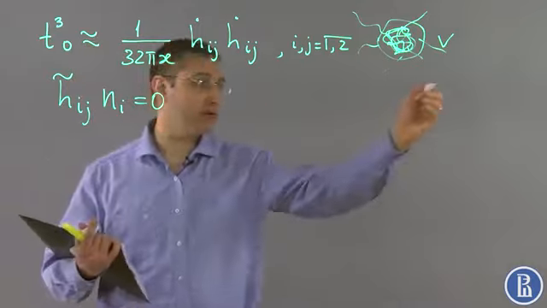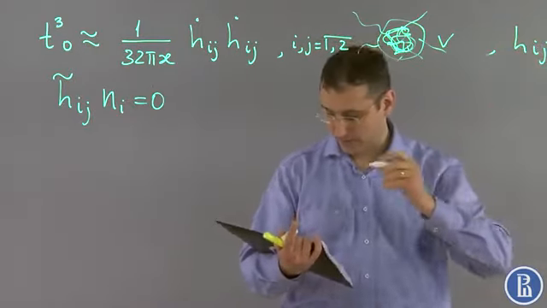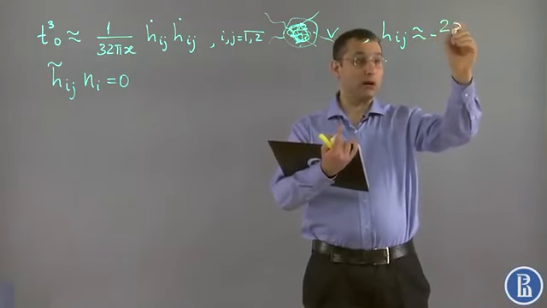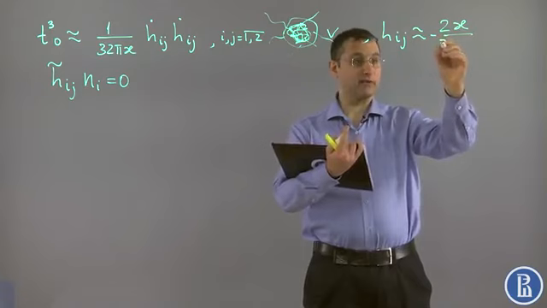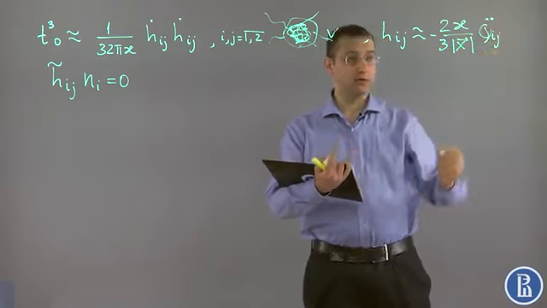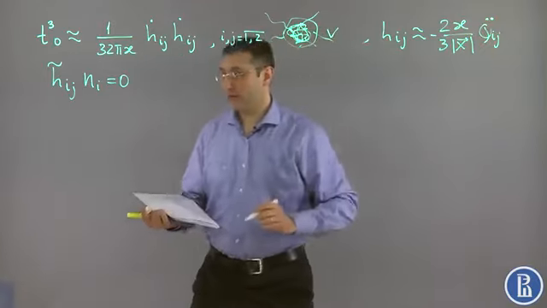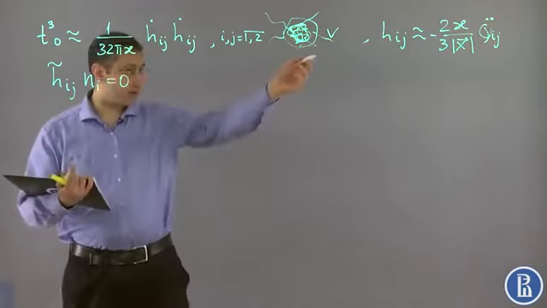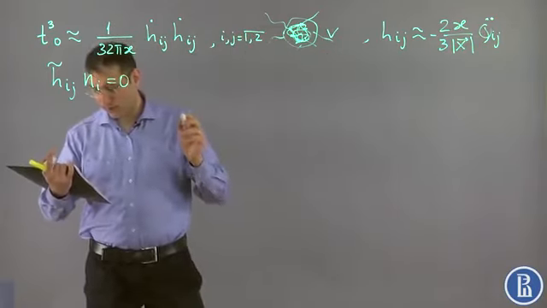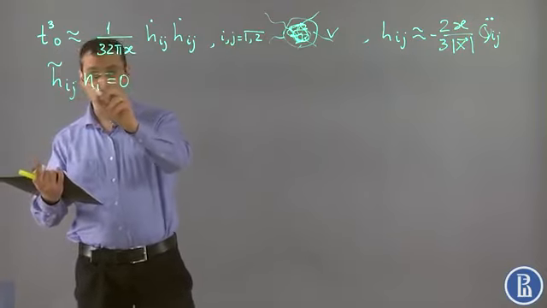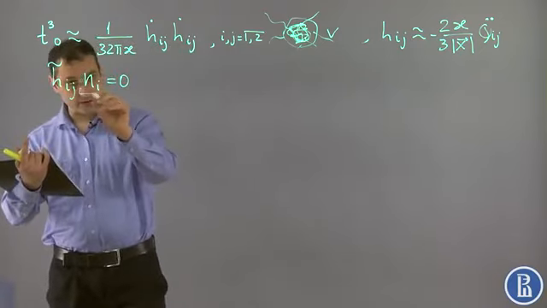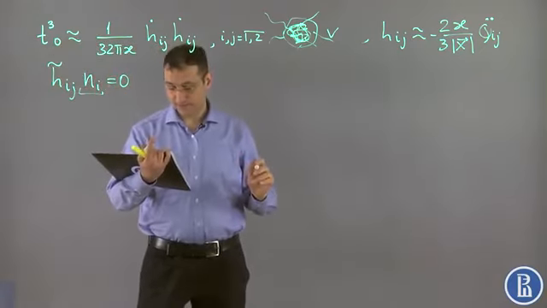We have at our disposal hij from the previous part of this lecture, which is approximately minus 2 kappa over 3 modulus of x times qij dot dot. We want to construct from this something which is traceless, and it is already traceless because qij is traceless, but tangential to an arbitrary direction of radiation, an arbitrary unit vector ni.